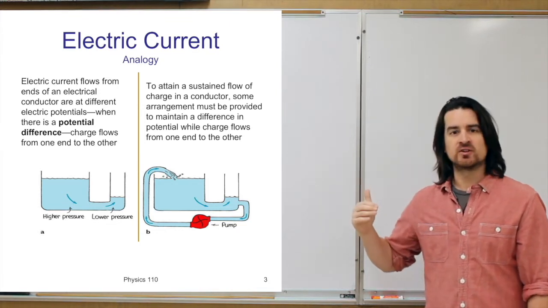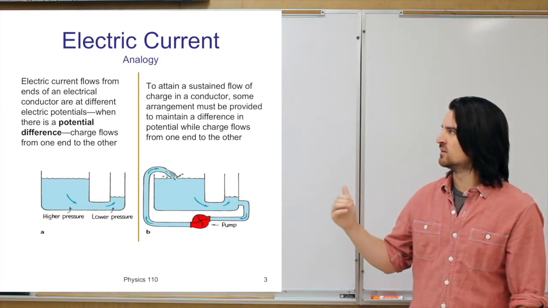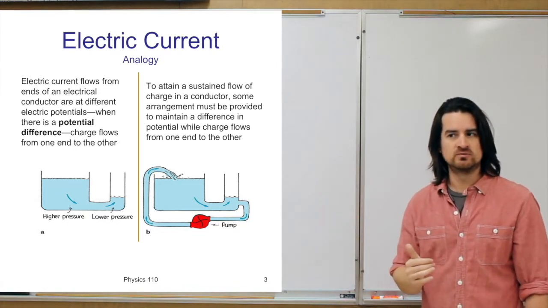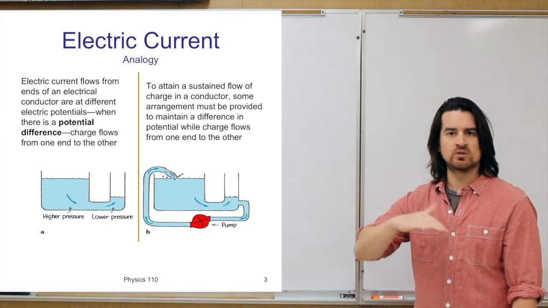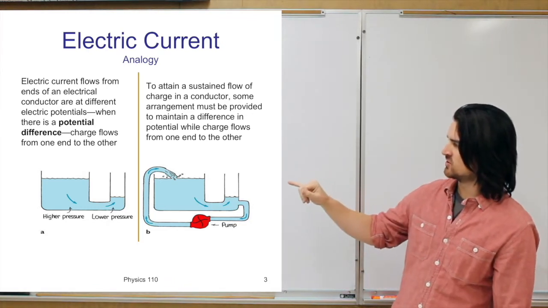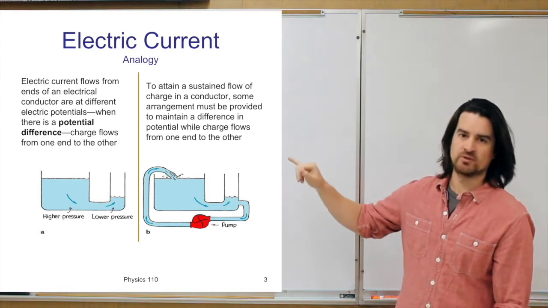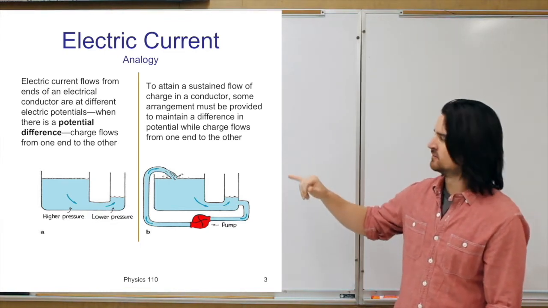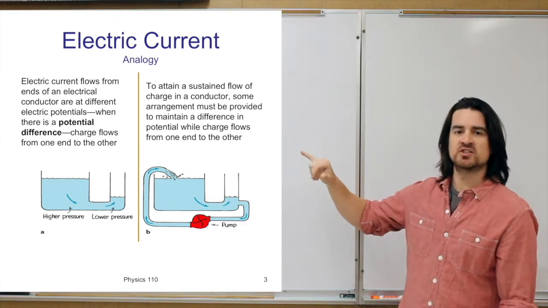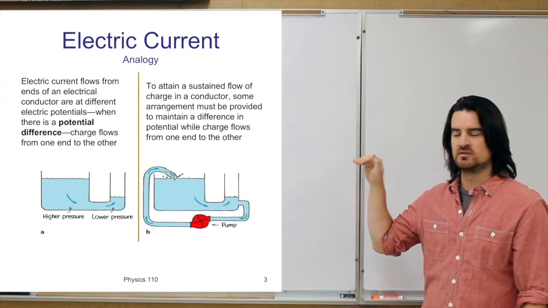The same idea follows, that if there is a difference in electric potential, then electric current will flow to try to equalize that potential difference. Like the water would flow in response to a difference in pressure, in this case the electrical current will flow and equalize that difference.